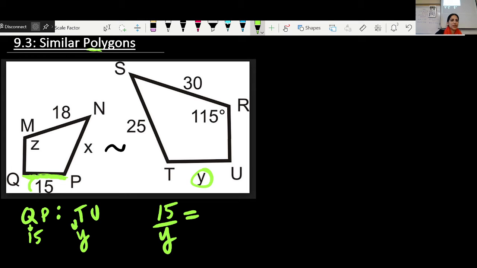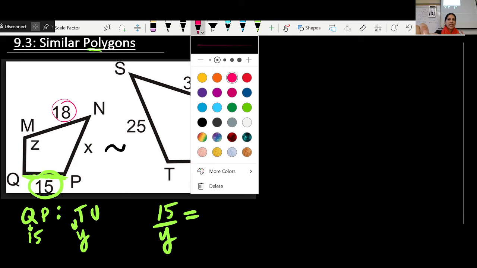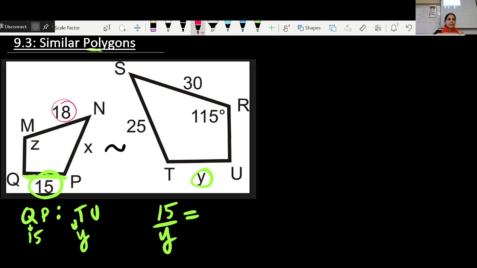So I've just chosen this one first and then set it up over y equals, well, I want to look at which other measurements are given to me that match up. So what I mean by that is our measurement here, MN, is equal to 18. Everybody see that?